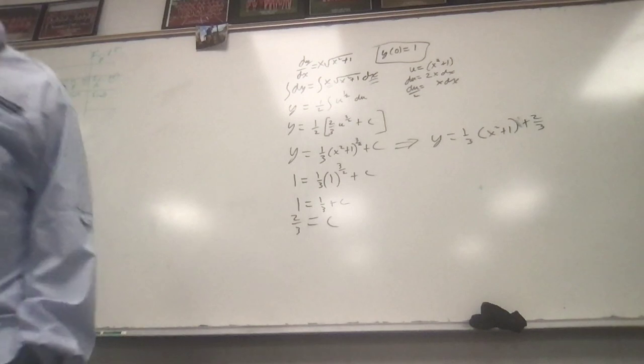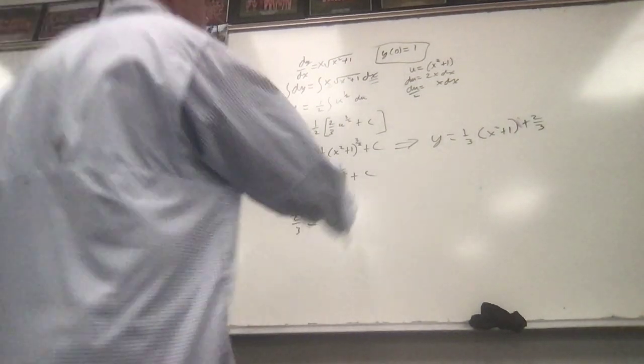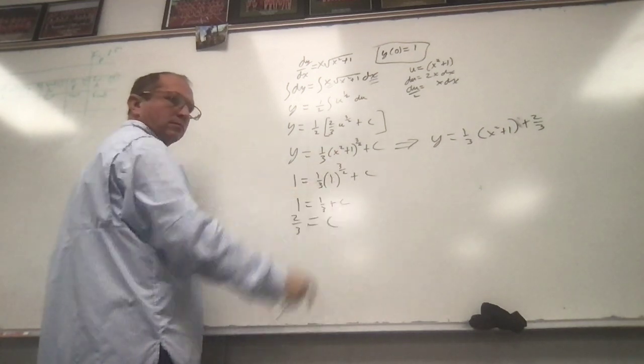Y'all look at that for just a second. Take it in. So how did the x squared plus 1 become 1 and the y became 1? Because you plug in x is 0 over here, which will simplify out to 1, so that'd just be 0 plus 1.